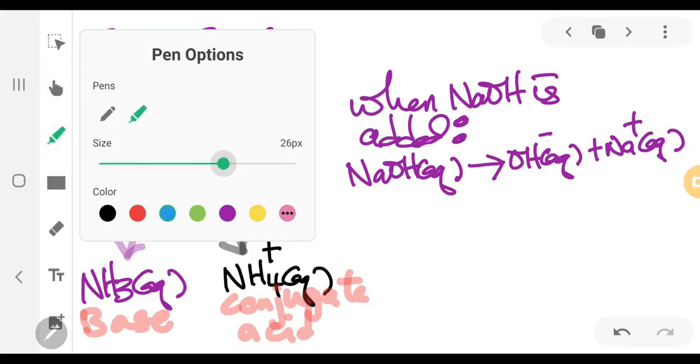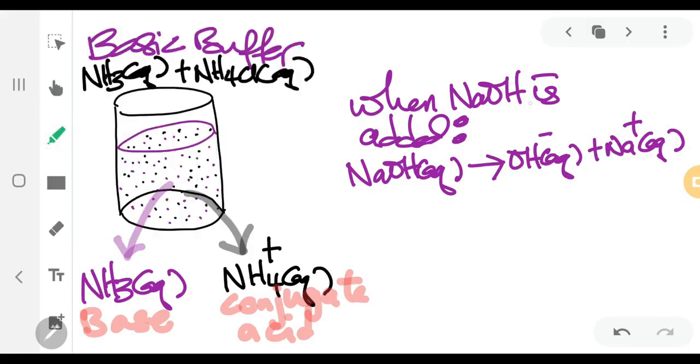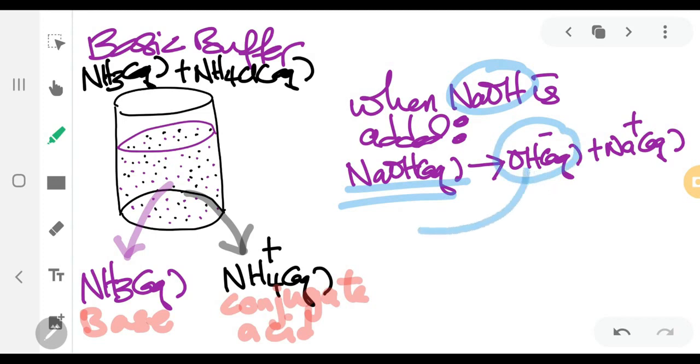And of course, when you have NaOH, this NaOH will be completely dissociated to form OH minus, and this OH minus will be added into your buffer solution.